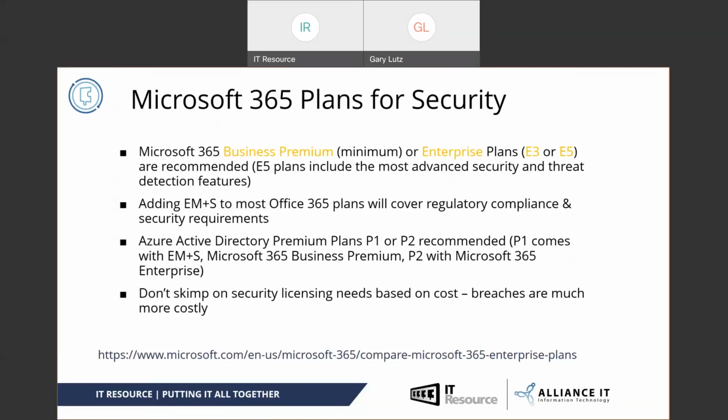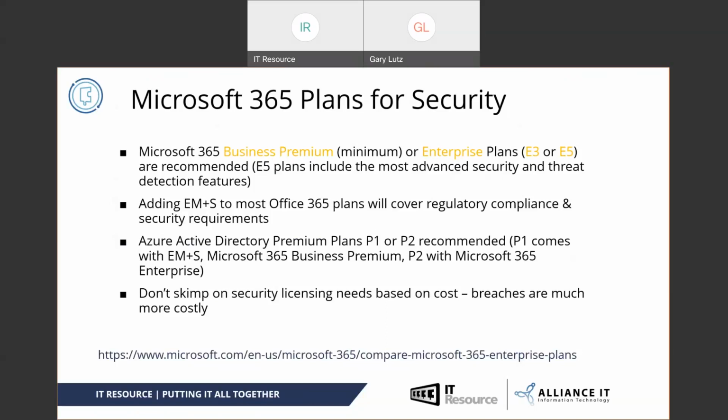Yeah. Enterprise plans, the Microsoft 365 Enterprise E3, I think it's like 33 or 32, or the E5. E5 are the ones that include all those advanced security and threat detection features. So if you're going to take it to that next level, E5 is the place to go. If you only have Office 365 plans and they're enterprise, then the EMS adds a lot of these features to it, okay?